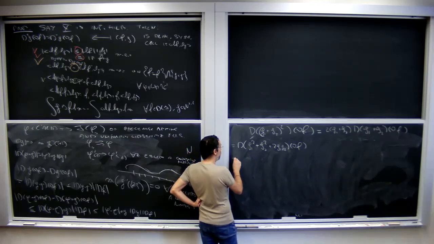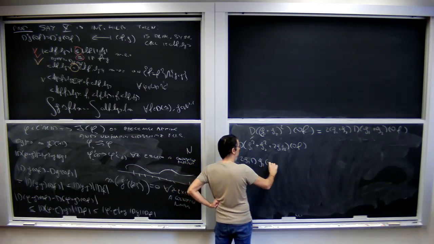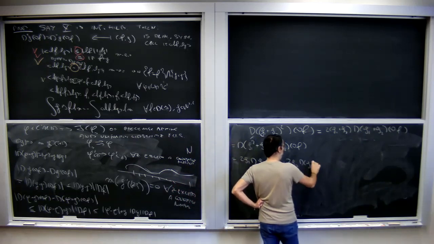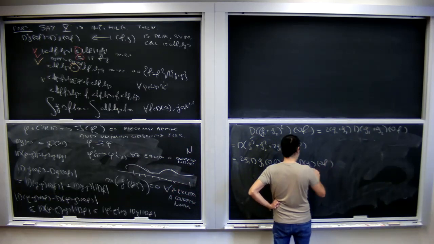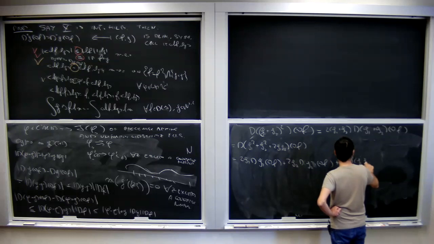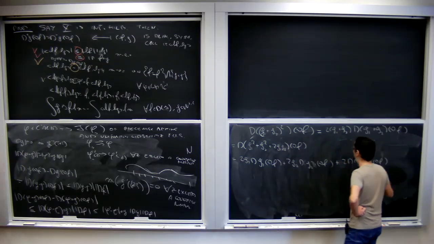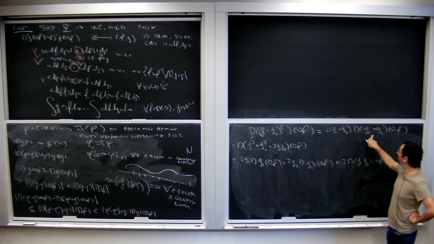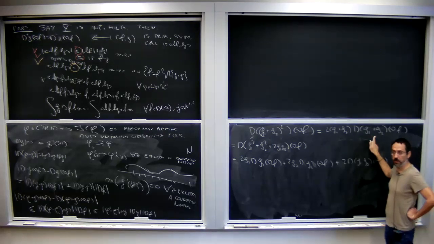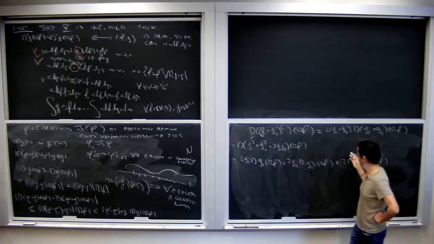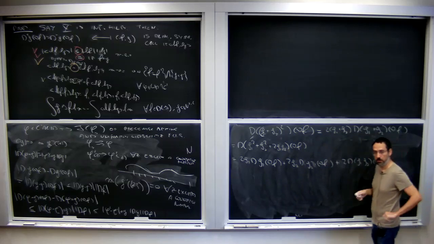So this equals twice g1 times the differential of g1 applied to grad f, plus twice g2 times the differential of g2 applied to grad f, plus twice the differential of g1 g2 applied to grad f. Now you use the linearity of the differential here, expand the product, and this guy and this guy simplify out, and you remain with the Leibniz rule.